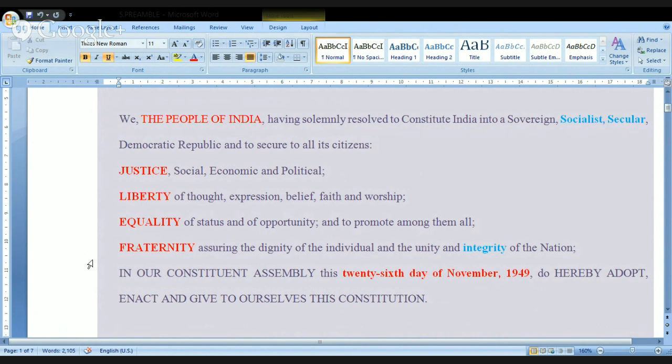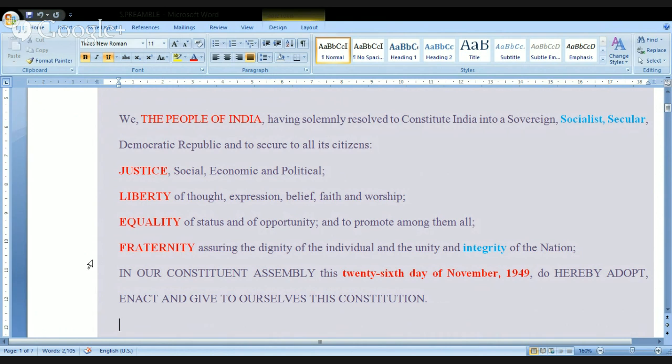But in the examination, for any reason, if you write, instead of social, economic, and political, political, economic, and social, or economic, political, and social, that will be sending some wrong signals. There is a possibility that at least a half mark or 1 mark may be reduced.